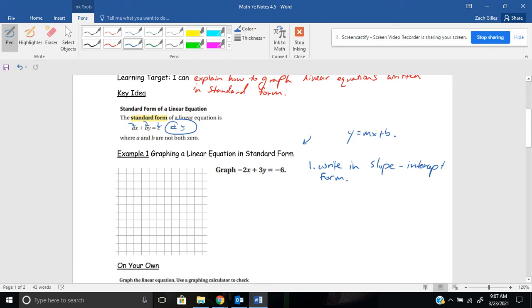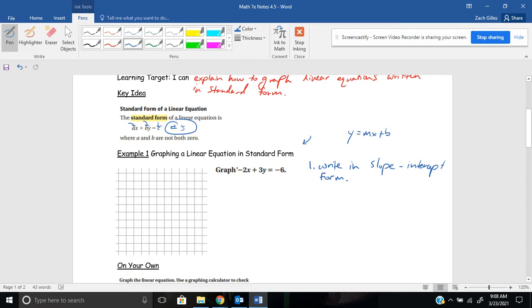And then we can really easily graph from there. So how do I take this equation and write it in this form? Well, notice that slope-intercept form is solved for y. So I want to solve this equation for y.